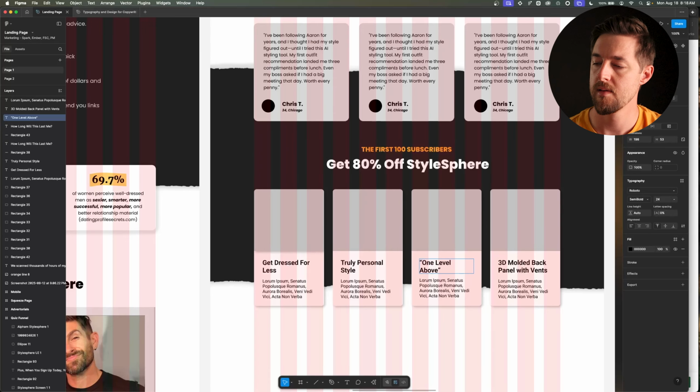All right, so here's how you use these to make a difference in how things are working. Style Sphere isn't going to make you wear a tux to a barbecue.